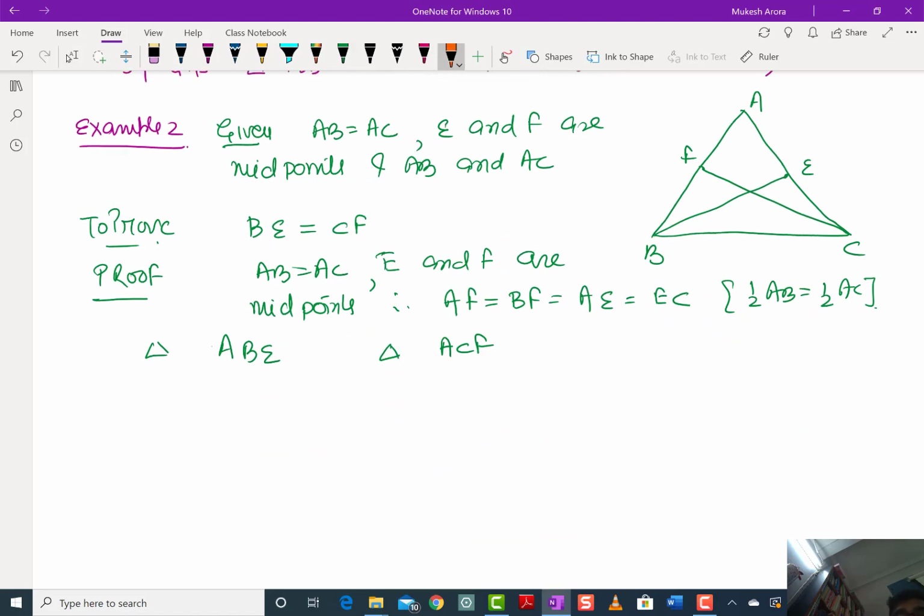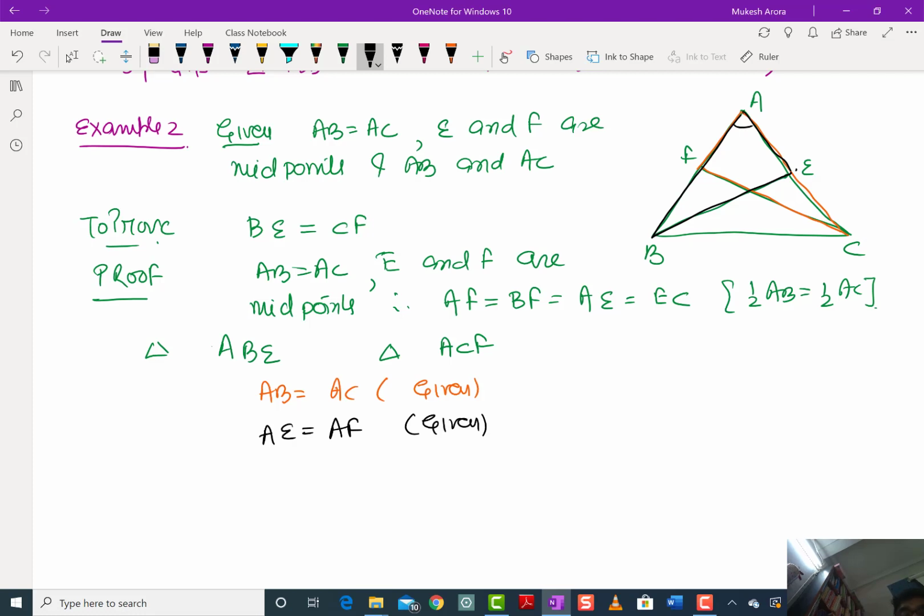In these triangles, AB is equal to AC, given. This is one triangle and this is another triangle. So AE is equal to AF, that is also given.